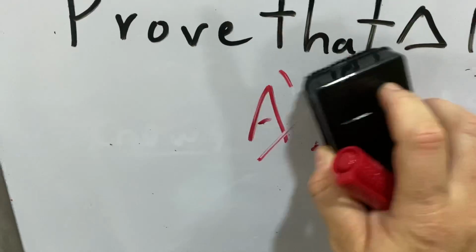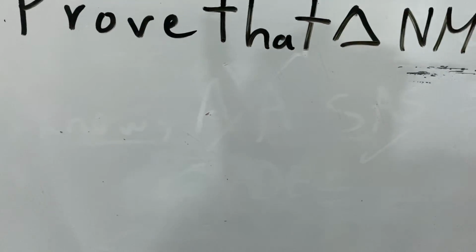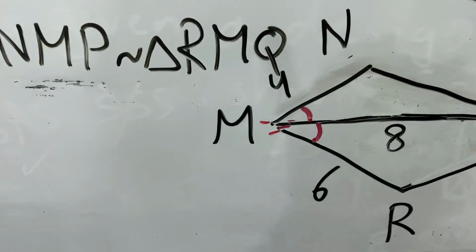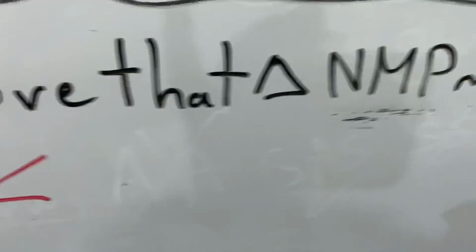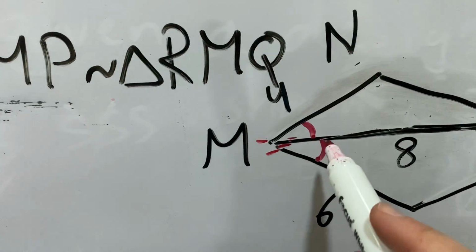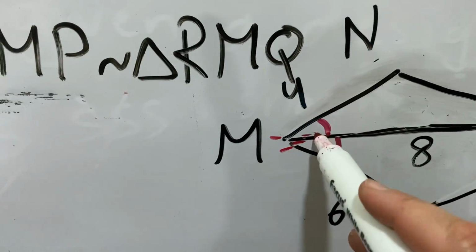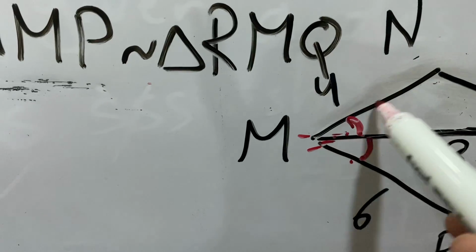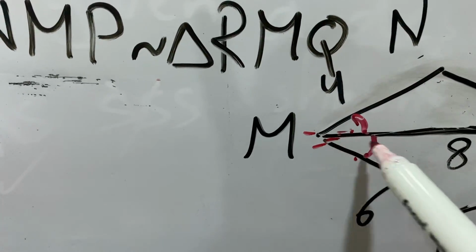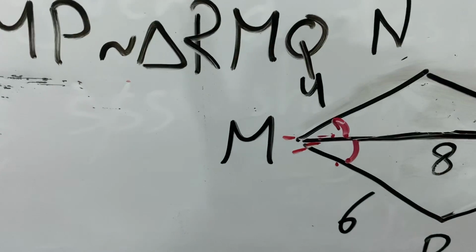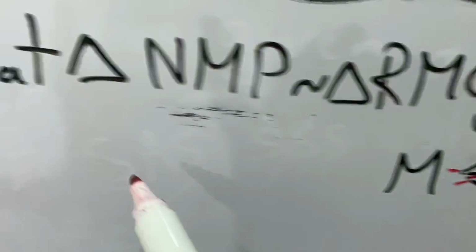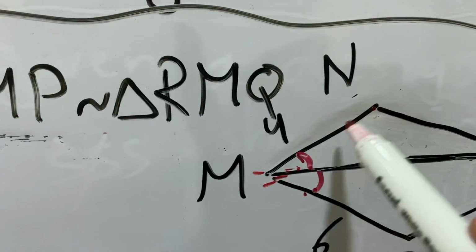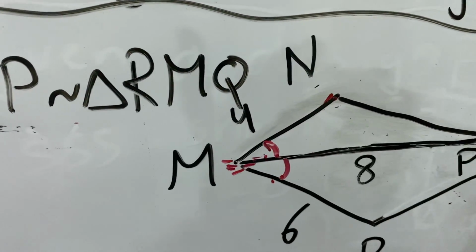Now if I need to start proving that these triangles are similar using side, angle, side, first I will write the angle that is already given for me. It has to be written with 3 letters because M has two sides. If I write this angle up here, it's between N and P. You can say P or Q, the same. So it will be NMP or NMQ, as you like.